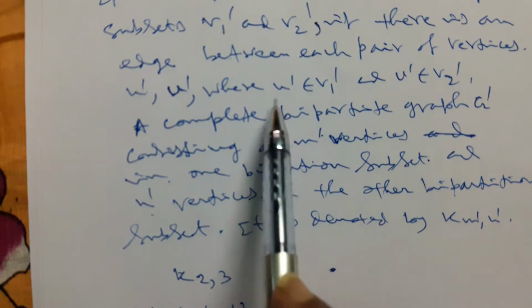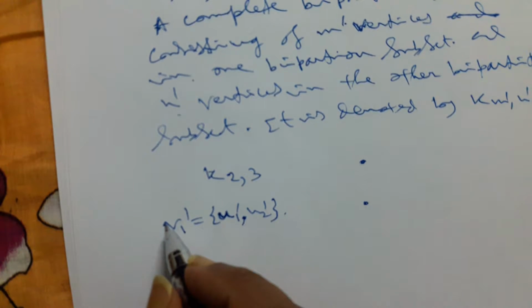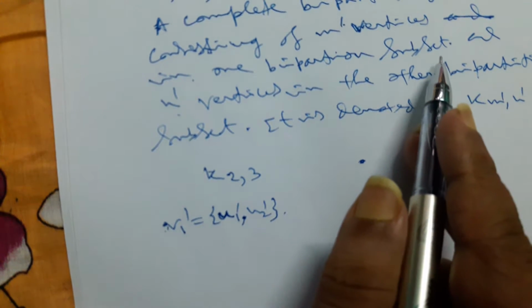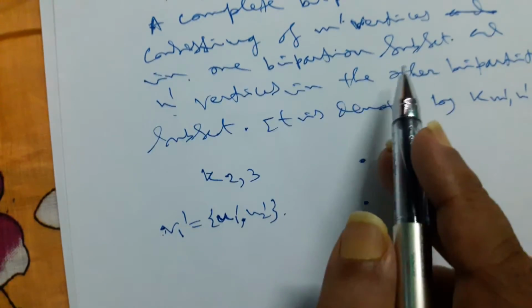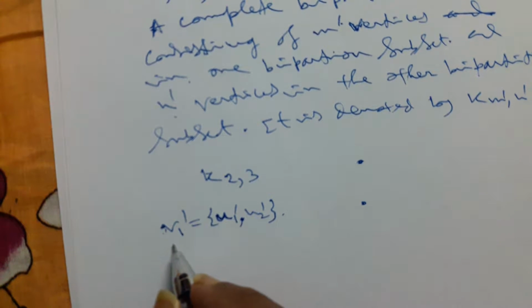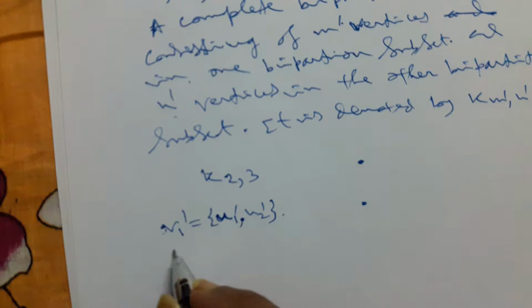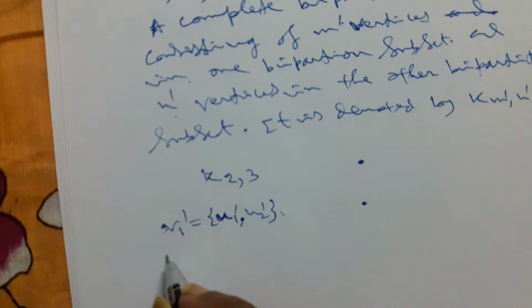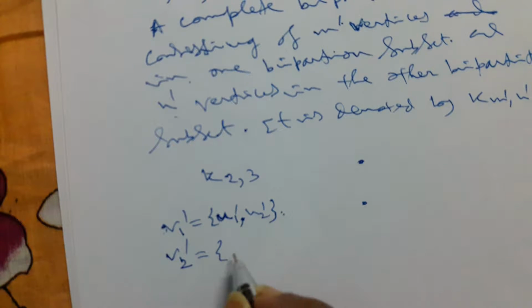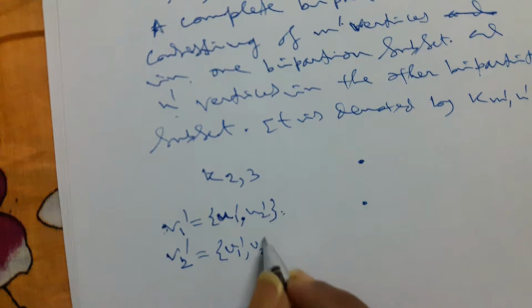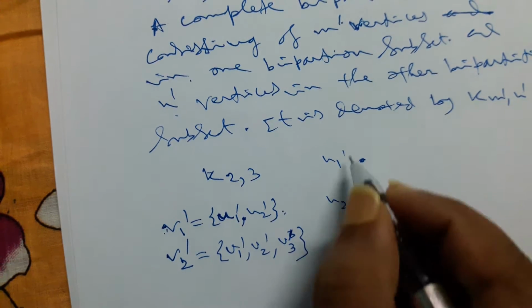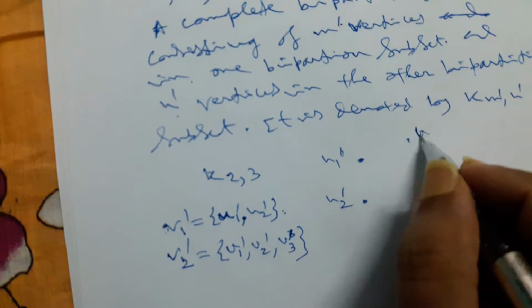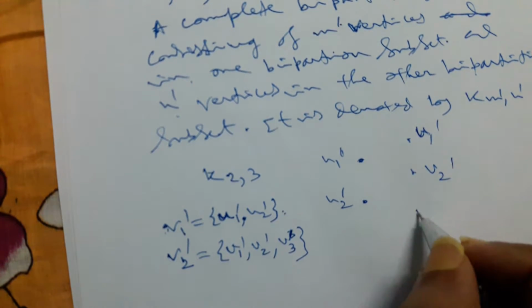Then the other set consists of v1 dash, v2 dash and v3 dash.